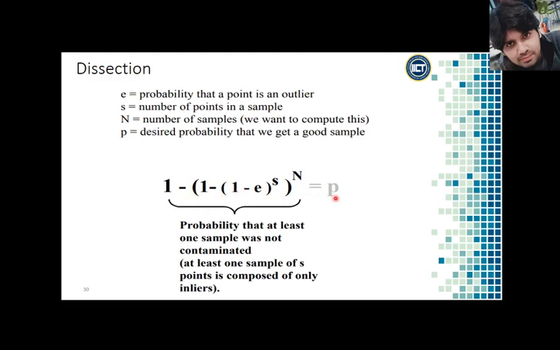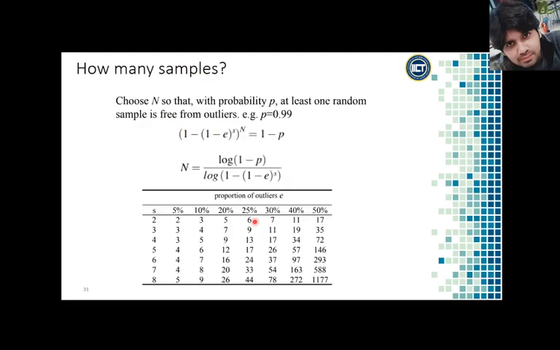So we'll pick the probability of not all outliers to be some high value like 0.99 to compute this particular formula. So how can we derive the value of n which we want to compute from this formula? We can perform these simple steps.